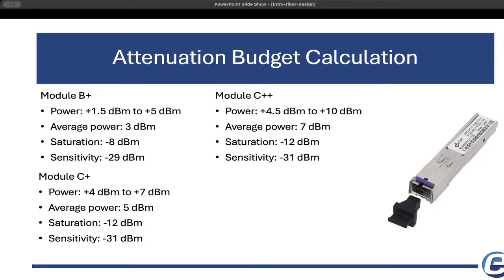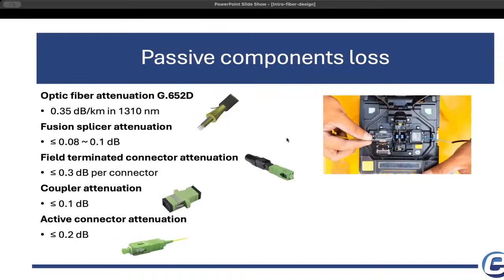We take the average power of this device, in this case 3, 5, or 7, and we use it to calculate with other component loss. This is your loss from your optical fiber at 1 kilometer. We also have loss with splicers. This is a splicer.